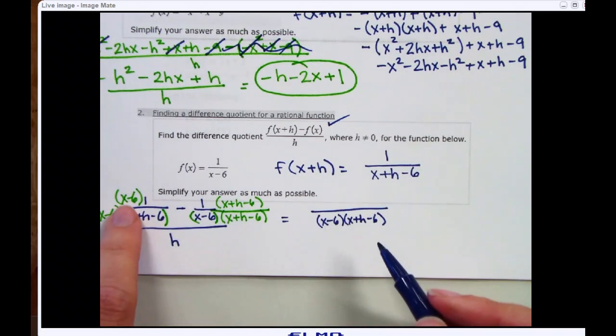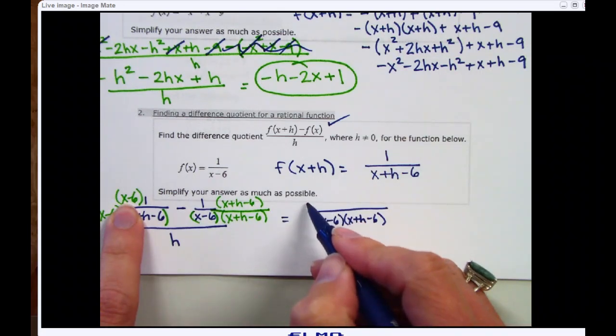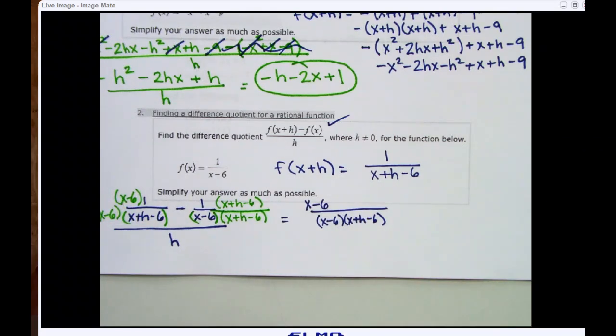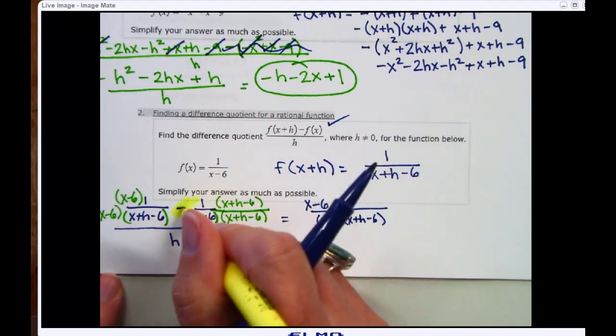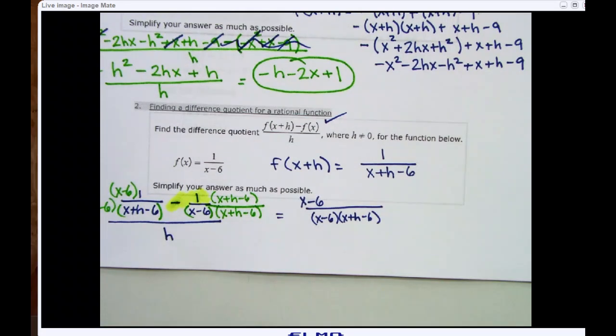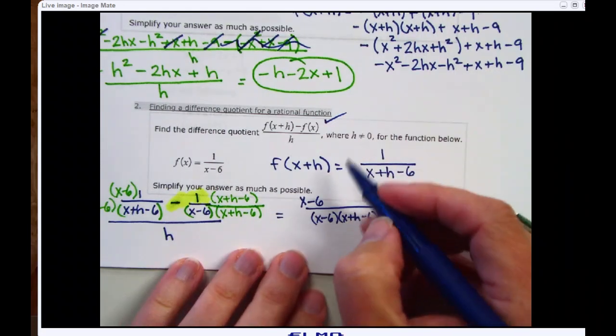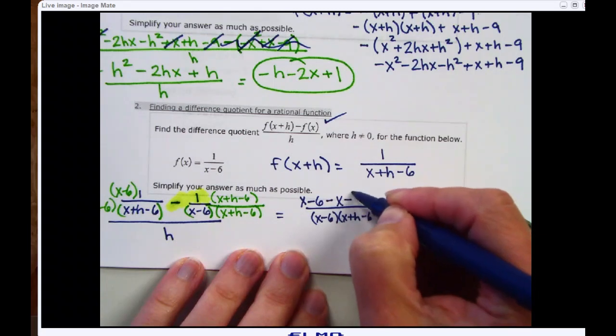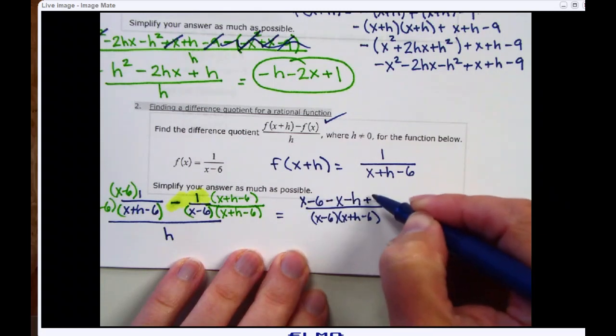And in our numerator, we have x minus 6. Now remember, that's a negative 1 that we're going to distribute right now. So we have what? Negative x minus h plus 6.